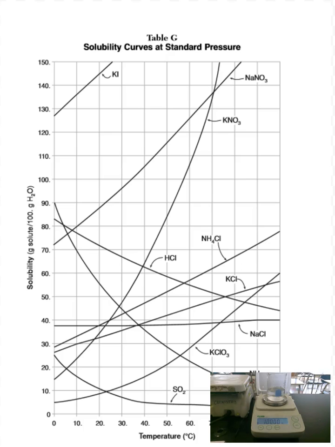All right, so exactly 100 grams of water. So you'll notice on the graph that it's not only dependent on the amount of solvent, but you will also see that the graph on the x-axis has to do with temperature. So I need to find out what the temperature of this water is.